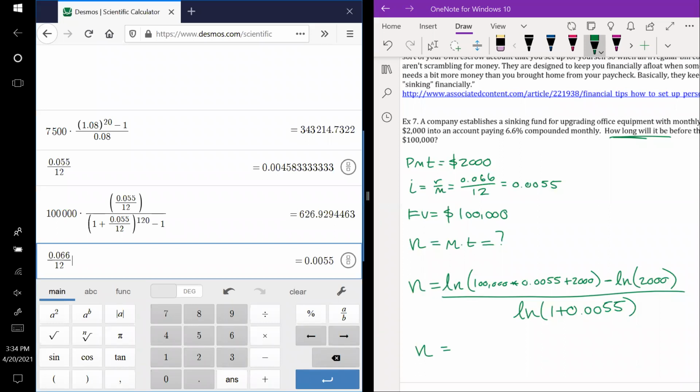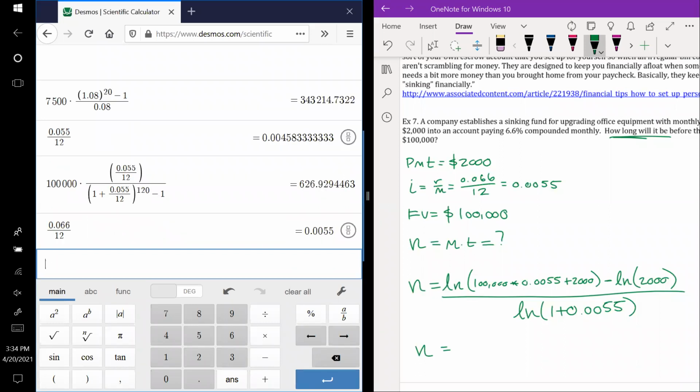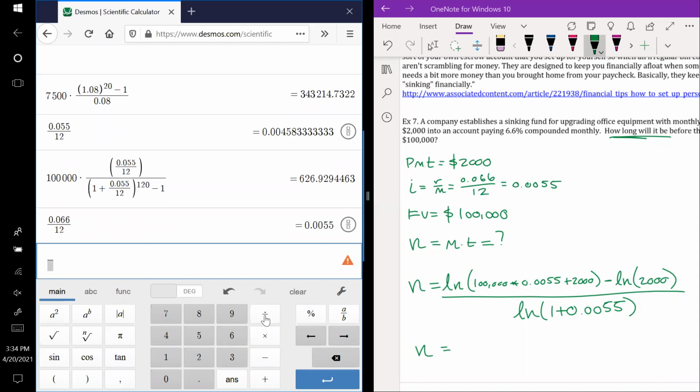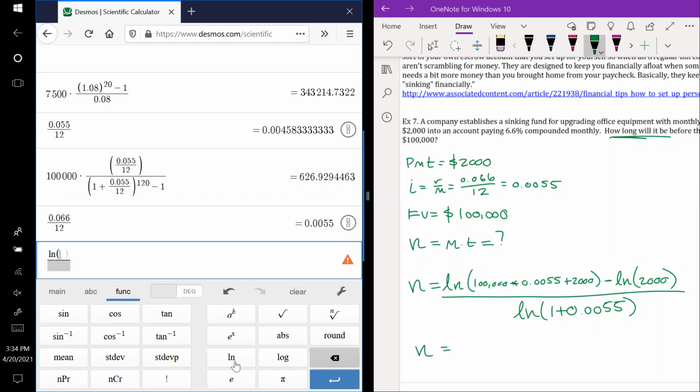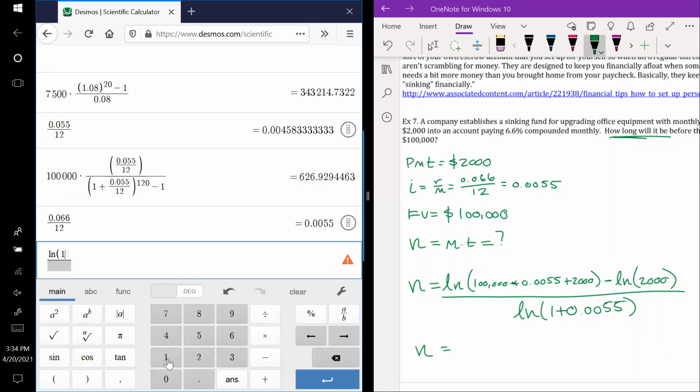And let's go ahead and type it in. All right. So Desmos, here we go. I'll start the fraction button first. And where's my natural log? Click functions. There we go. Natural log of 100,000 times 0.0055 plus 2,000.